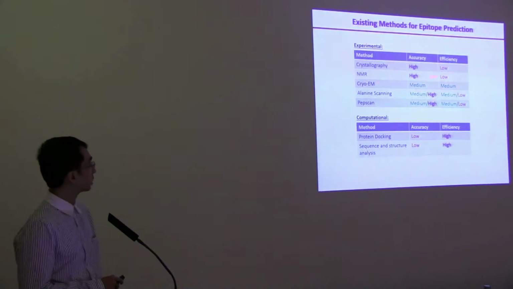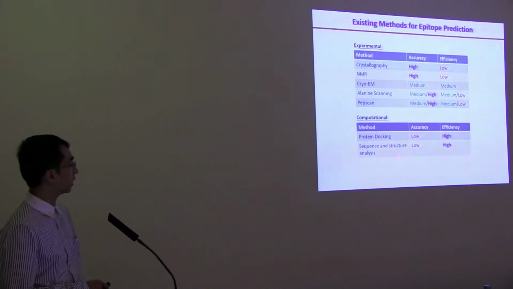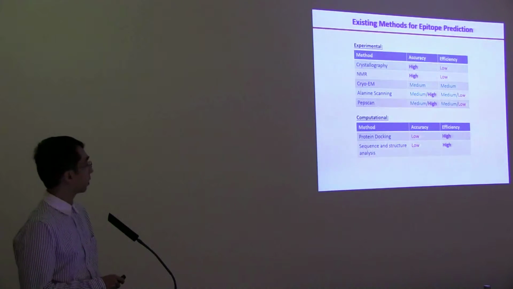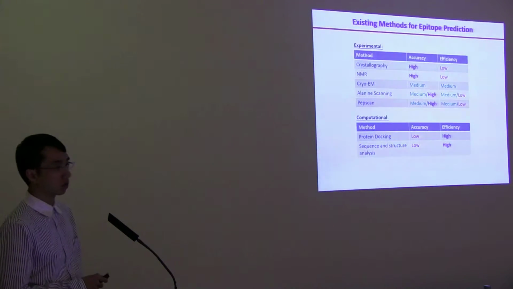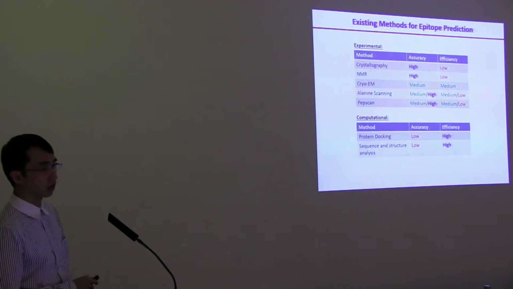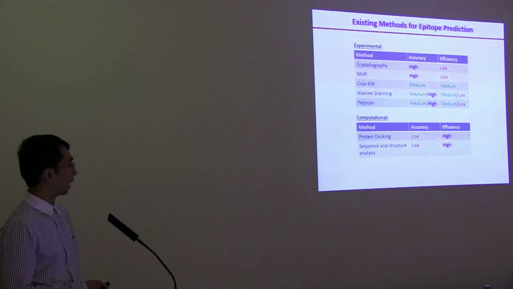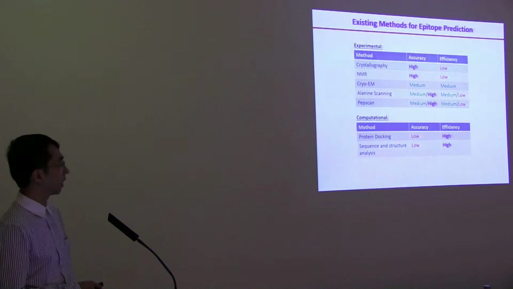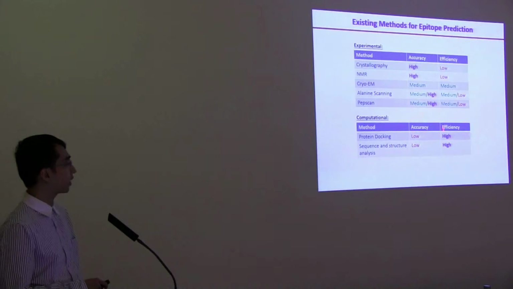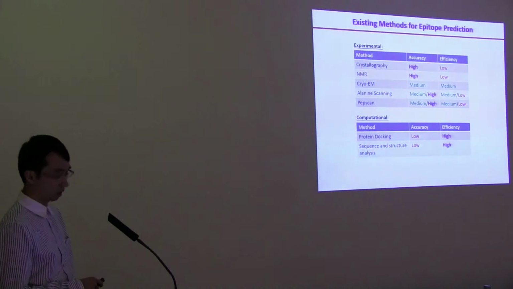In general, the experimental methods have much higher accuracy than the computational methods, but the problem with experimental methods is that they take weeks or months to conduct. As computational biologists, we want to develop a method which has very high efficiency, but has much higher prediction accuracy than the current computational methods.